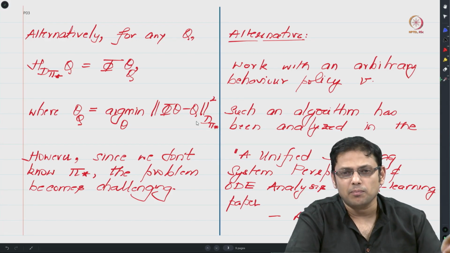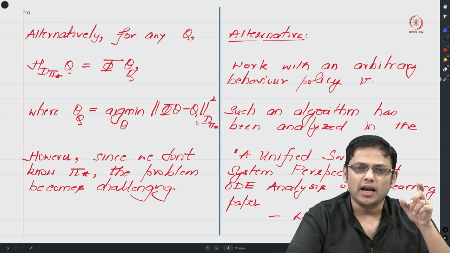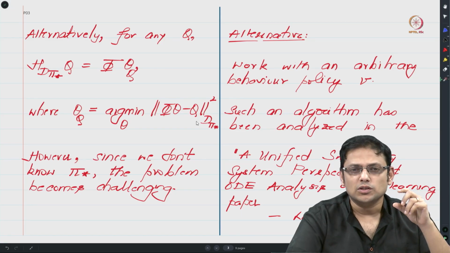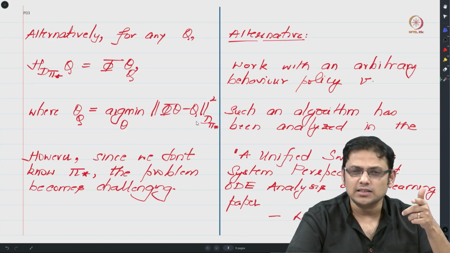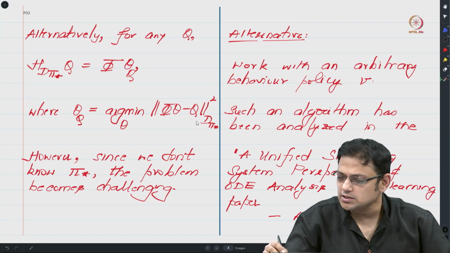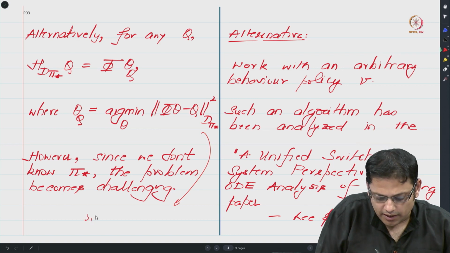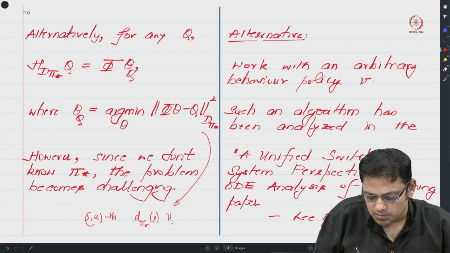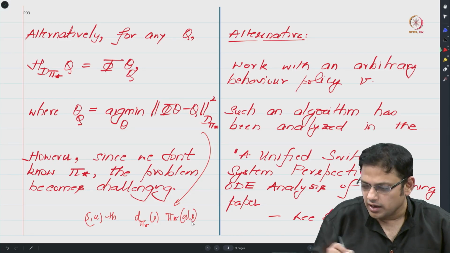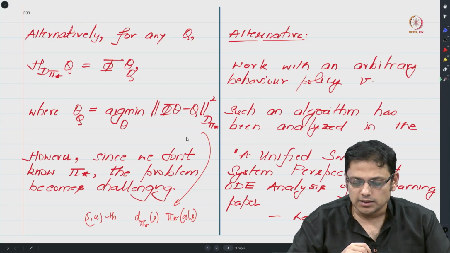Here D pi star is the SA cross SA matrix in which the diagonal entries are given by the stationary distribution induced by the pi star policy, multiplied by pi star of A given S. In other words, the SAth diagonal entry of D pi star would be little d pi star of S times pi star of A given S. This is slightly different from what we had in the TD0 algorithm that we saw two weeks back.